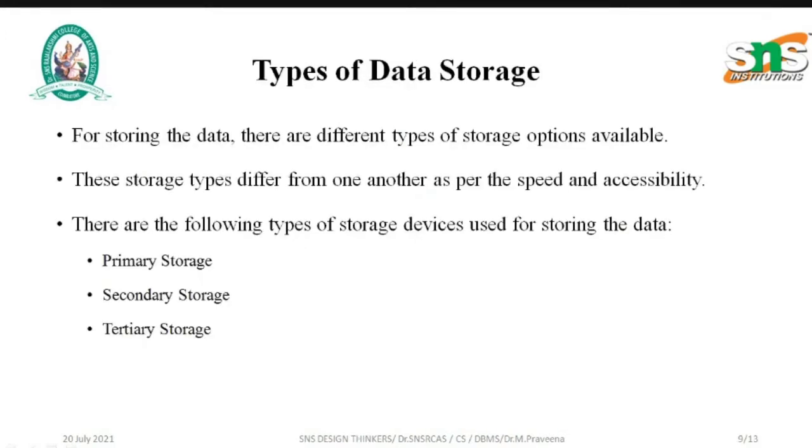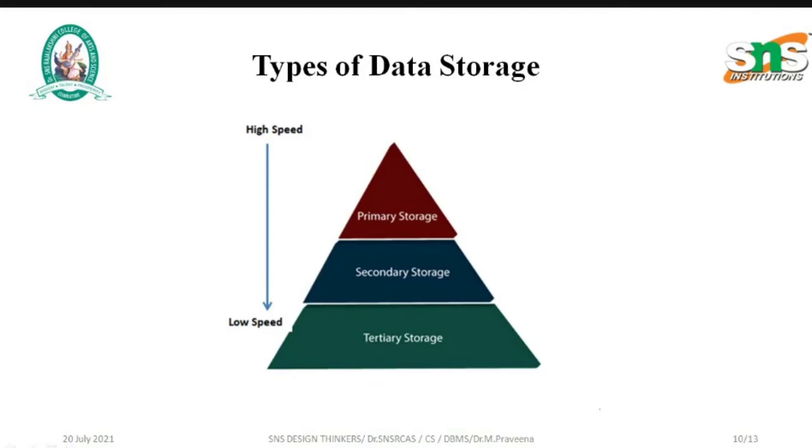Types of data storage. There are three major divisions. For storing the data, there are different types of storage options available. These storage types differ from one another as per speed and accessibility. There are three different types of storage, that is primary storage, secondary storage, and tertiary storage.